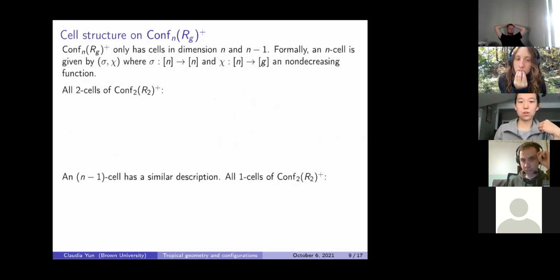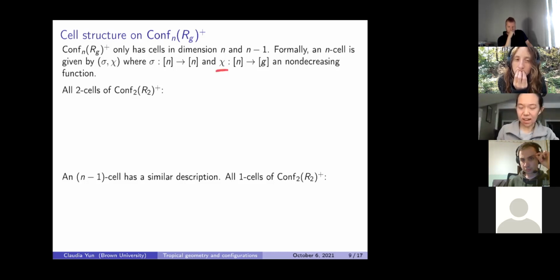So to make that more formal, I'm going to say an n-cell is given by a pair of functions, sigma and chi, where sigma is a permutation on n. So this is the situation when we have all n points on the arcs, so nobody is at the central vertex. And this sigma is going to tell me, looking from left to right on my collection of intervals, how these points stand in a row.